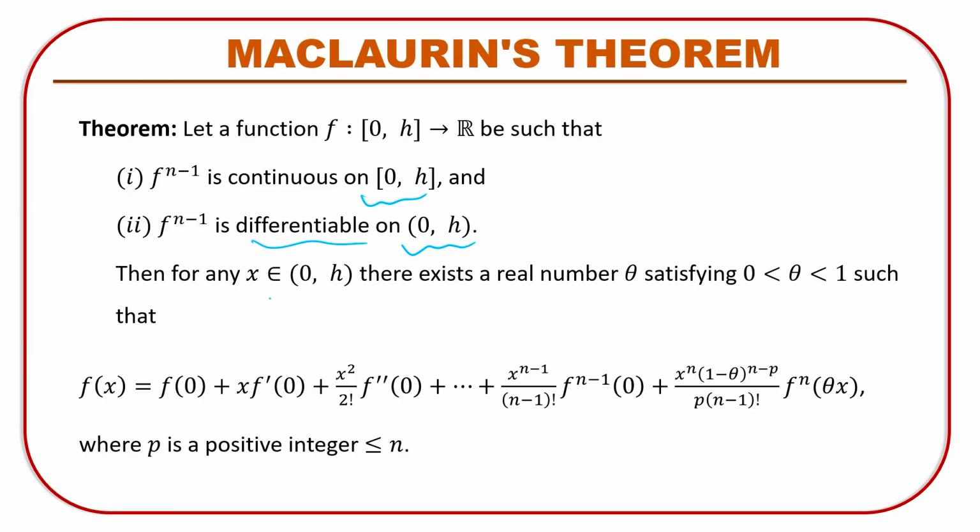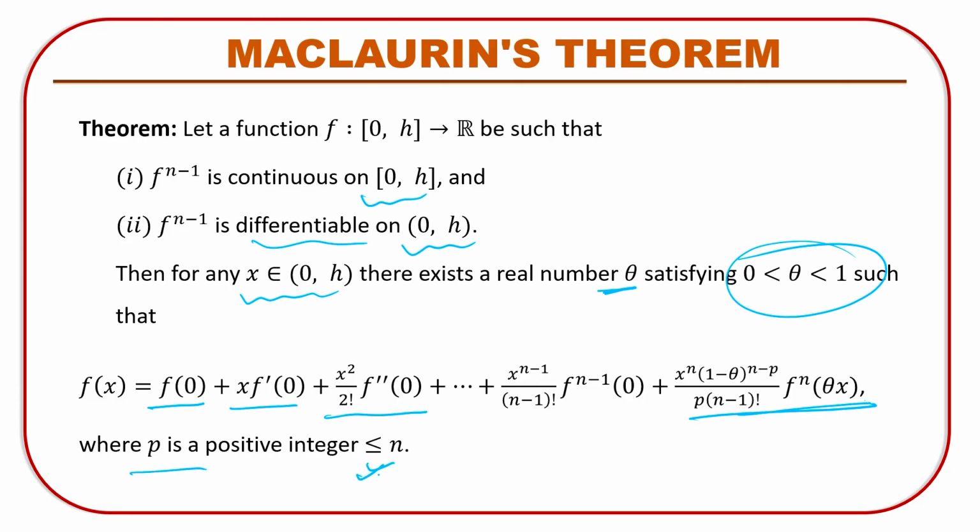Then for x belonging to 0 to h, there exists a real number theta satisfying theta lying between 0 and 1 such that f(x) can be written as f(0) plus x f dash of 0 plus x square by factorial 2 f double dash of 0 and so on, and the last term will be x power n, (1 minus theta) power (n minus p) divided by p times (n minus 1) factorial, f power n of theta x, where p is nothing but a positive integer taken less than or equal to n.